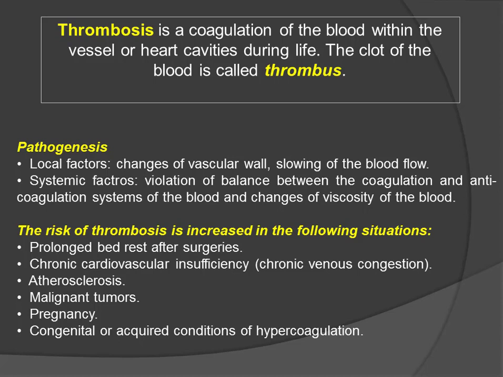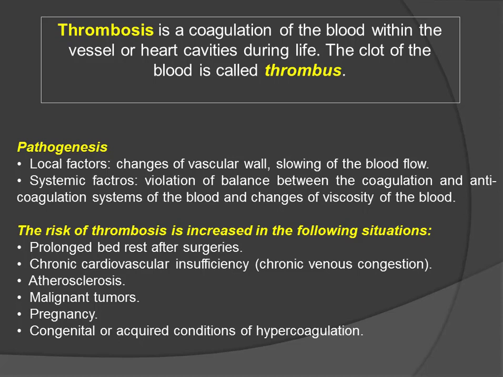According to the above mentioned factors, the increased risk of thrombosis can be seen in the following situations: prolonged bed rest after surgery, chronic heart failure, atherosclerosis, malignant tumors, pregnancy, and congenital or acquired hypercoagulation.